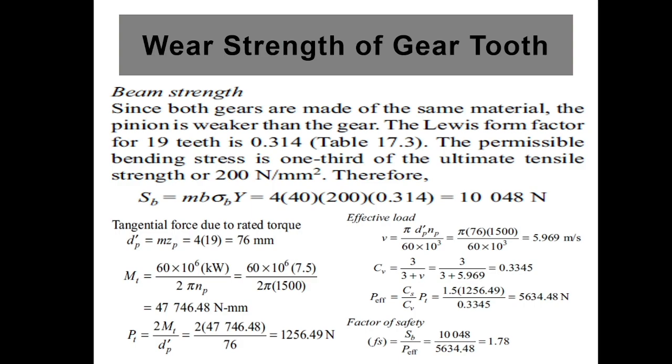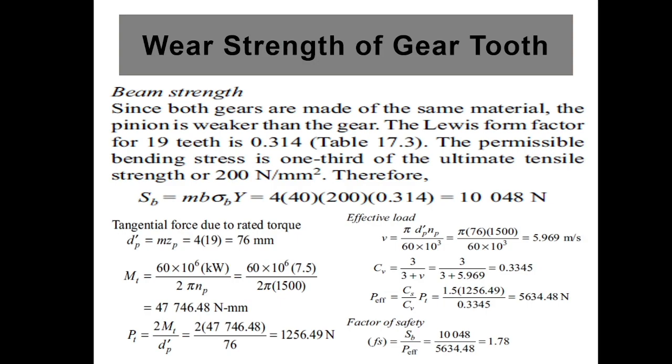We know that P effective is nothing but cs divided by cv into pt. We already know pt, cs is given in the numerical, and we calculated cv. So P effective comes to 5634.48 newtons. Now we know that SB, the bending stress, also called the beam strength of gear, is equal to factor of safety into P effective, or factor of safety is equal to SB divided by P effective.